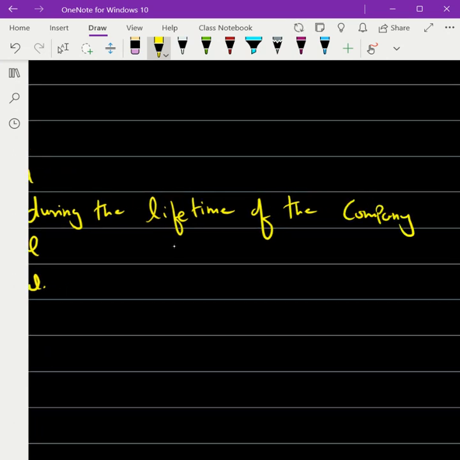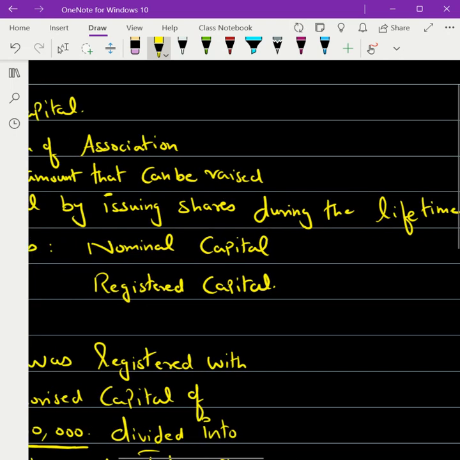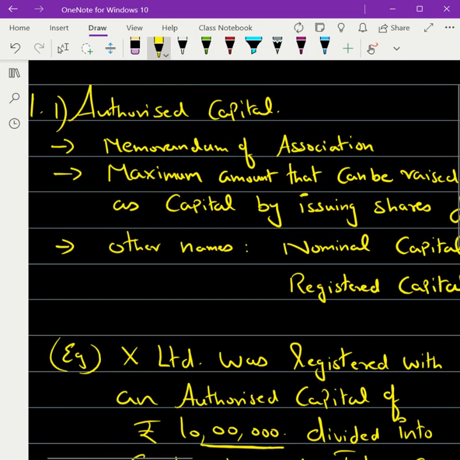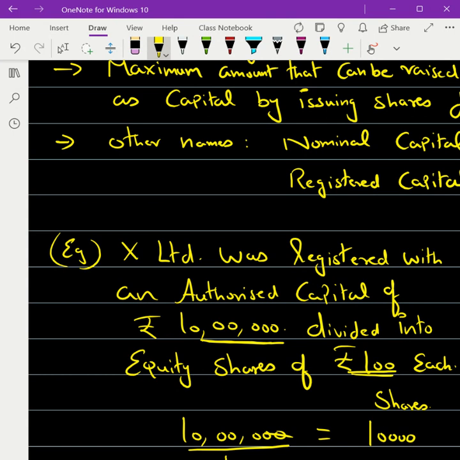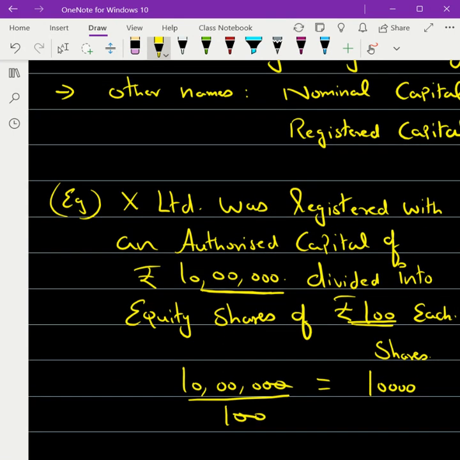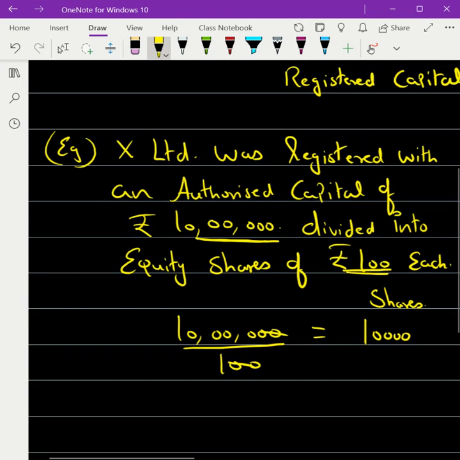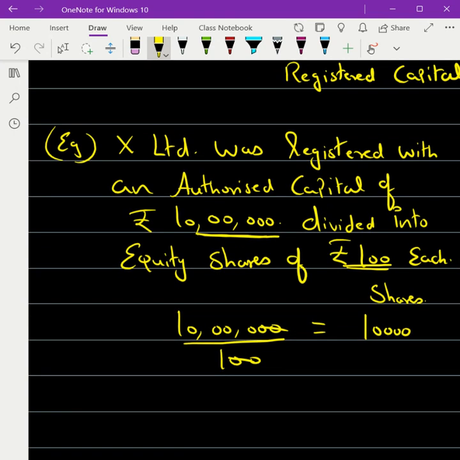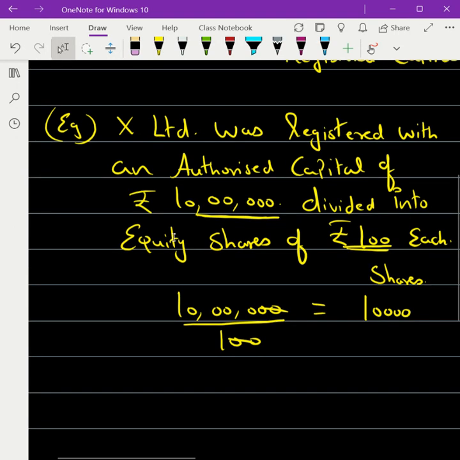So that means you all know that the company will be existing forever. So now we know that 10 lakhs is the maximum capital, and with 10,000 shares combined you will get that amount. But it is not necessary that the company should bring all the 10,000 shares in one single shot at one point of time. So now the company can take a call.